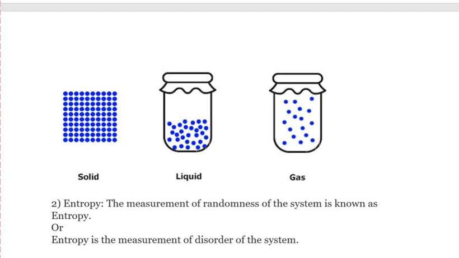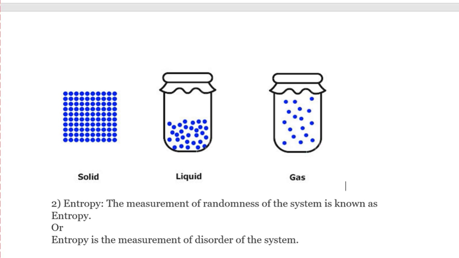Again, entropy is the measurement of the randomness of a system, or entropy is the measurement of the disorder of the system. Okay, so it's simple. So, it is just the measurement sang kung ano ka-random ang molecules nga nag-move sa specific na system. Measurement kung ano ka-random ang movement of molecules in one system.